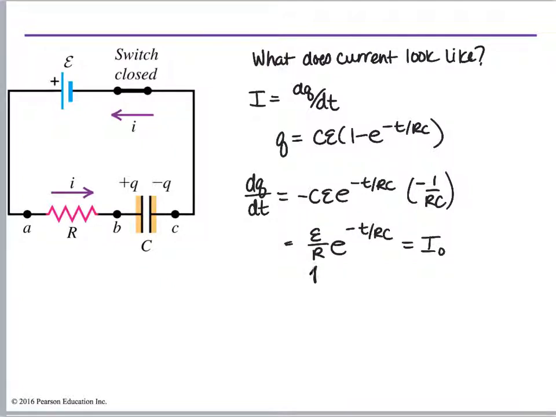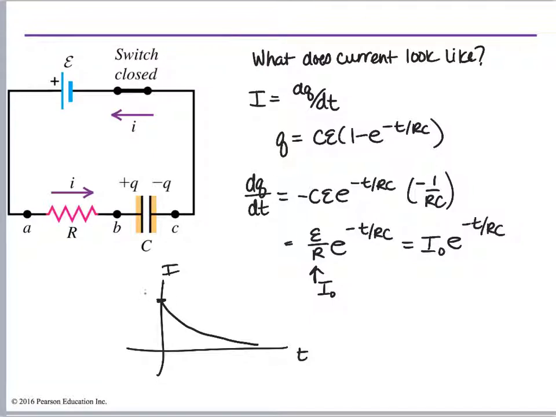And if you remember, this was the initial current when time equals 0. What the current looks like over time is it starts at some maximum value and then decreases exponentially.